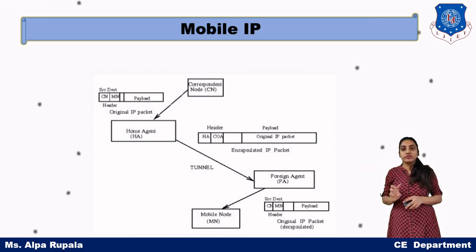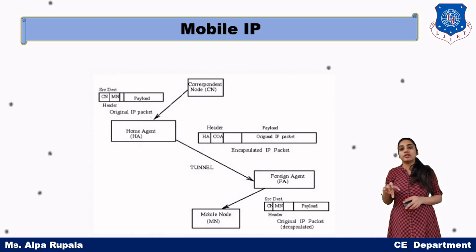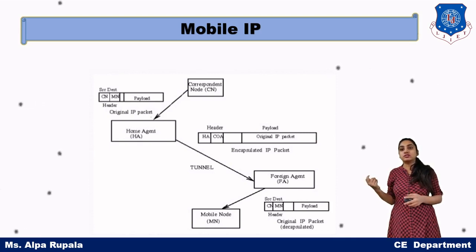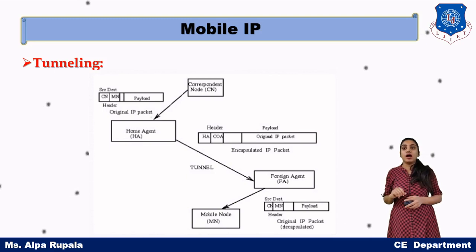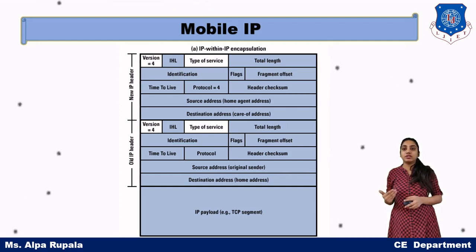Now data will be transferred from the home agent to the foreign agent. The foreign agent will identify that this packet is an encapsulated packet, an IP within IP packet. According to it, this outer IP header will be discarded and the original data will be sent to mobile node A. Now, how will any node identify that this is IP within IP?